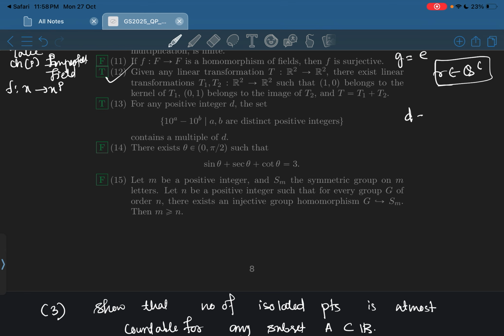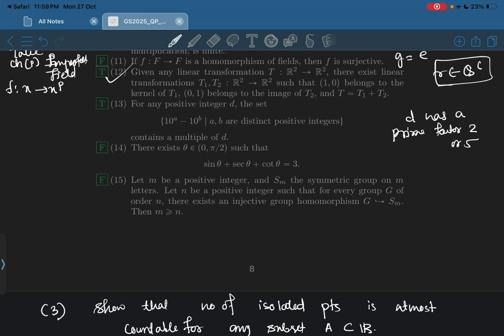Suppose d has a prime factor 2 or 5. Then it is trivial, right? Because then you can always find something. Let's take d equal to, say, 8, or d equal to 40, or d equal to 5.